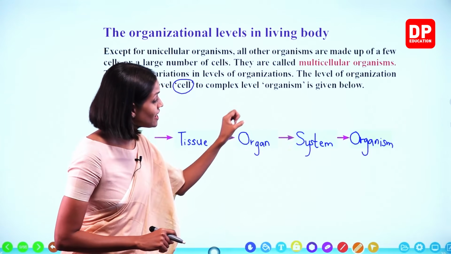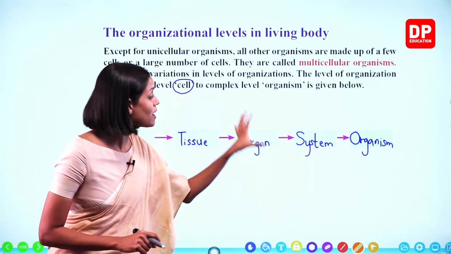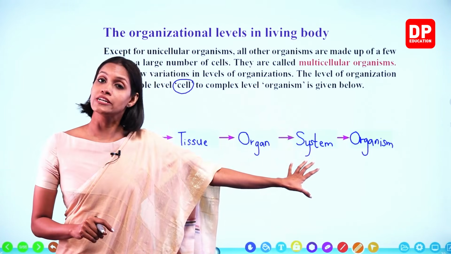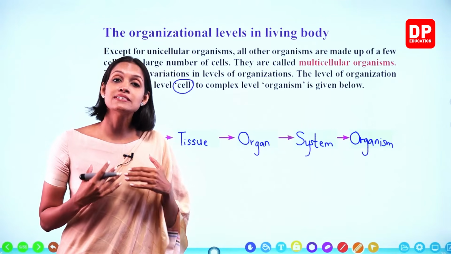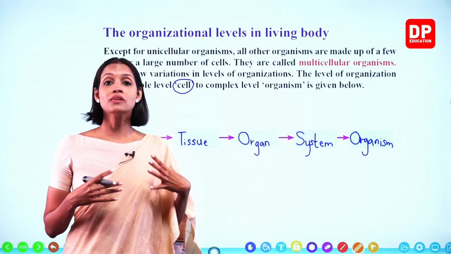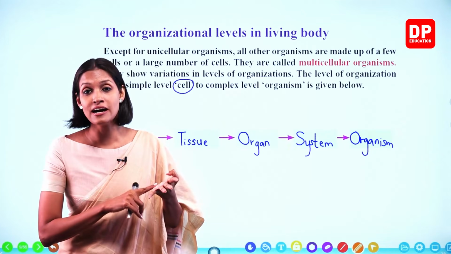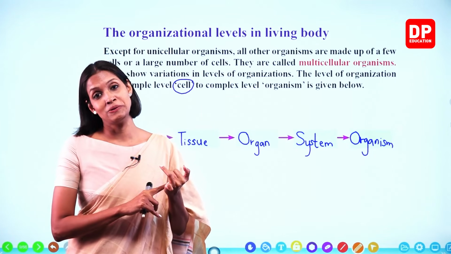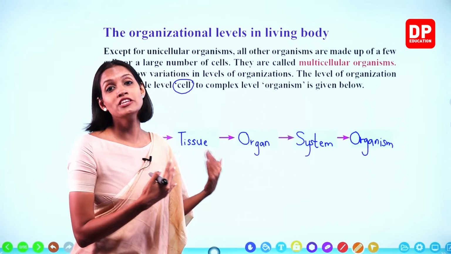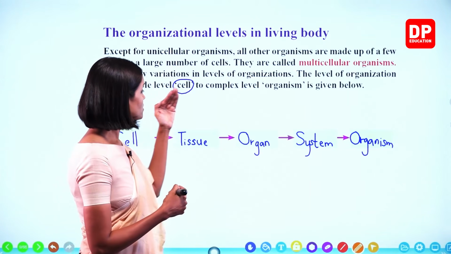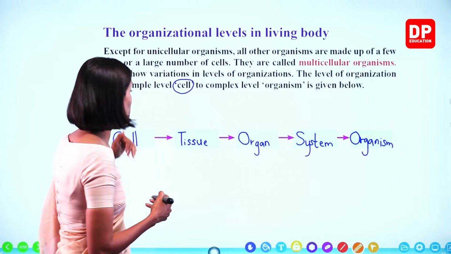Therefore, it's very clear that a system is made by combining a number of organs. Right? The blood circulatory system is made by combining main organs like the heart, blood vessels and blood. Those are the organs. Okay, children? Now we completed the flow chart here.